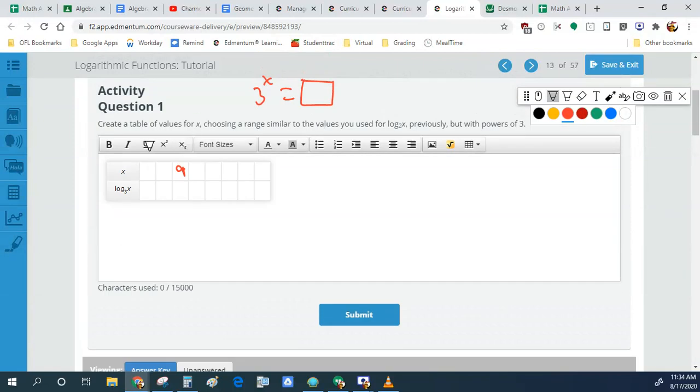So if we do this, then this would be the 2. Does that make sense? Because 3 squared equals 9. So if I wanted a 3, this would just be a 1. If I wanted a 1, this would be 0, because 3 to the 0 power equals 1. Does that make sense? So if I do 3 here, this would be 27, because 9 times 3 is 27.